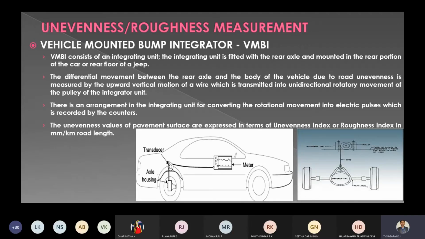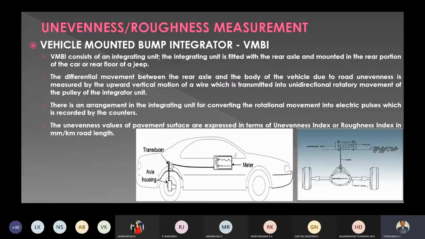But here you have to observe that the fifth wheel will be creating a problem. Why? Because it is an extra wheel which is attached to the vehicle, but in this, only the sensors will be attached inside the vehicle and the pulley arrangement will be made. Hence it is called a vehicle mounted bump integrator. So the working procedure is the same.